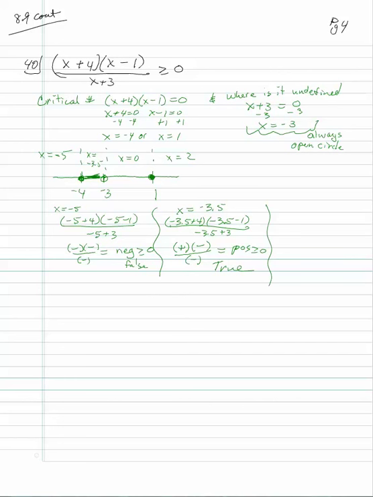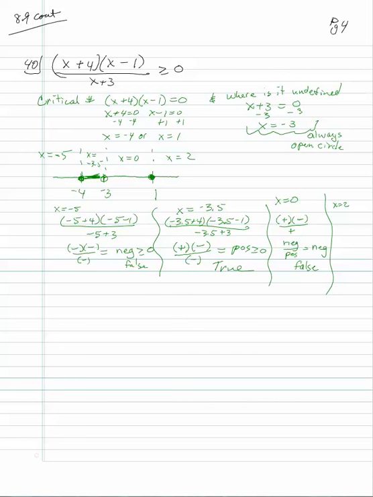And we got to test the next piece, x equals 0. And it's going to be 0 plus 4, which is positive. Just to save space, I'm just going to write 0 minus 1 is negative. 0 plus 3 is positive. Negative divided by a negative divided by positive is negative. So this would be false, because negative is not greater than 0. Then we check the last interval, x equals 2.